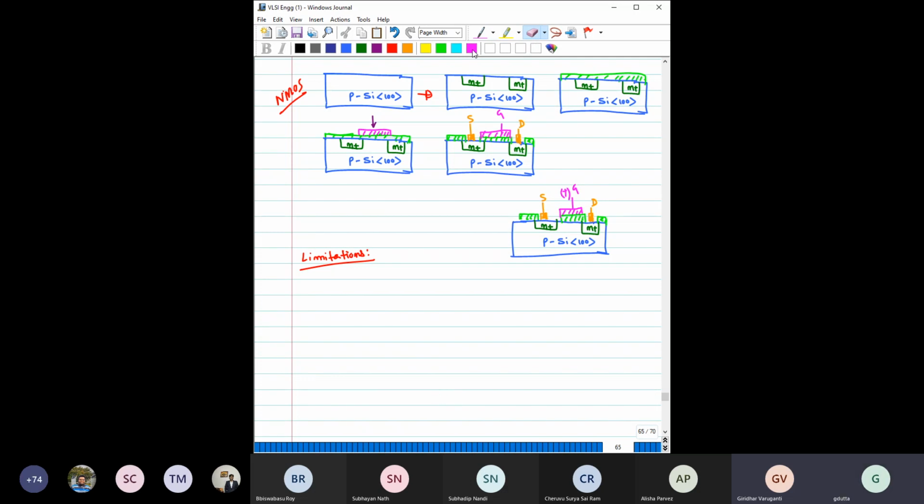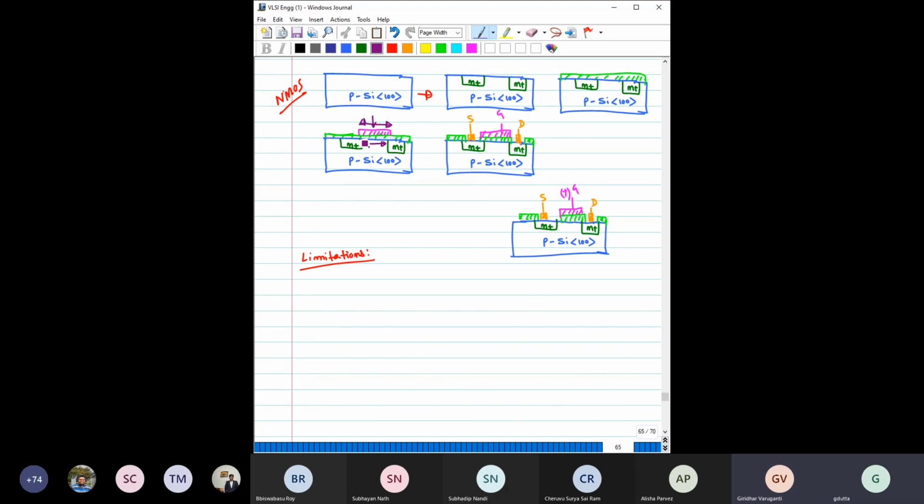As a result, to make the process reliable, you have to intentionally keep this gate metal a bit wider compared to this length, so that you have sufficient overlap on this side and this side, such that even with some tolerance in the error, you end up with a structure like this, not like this.